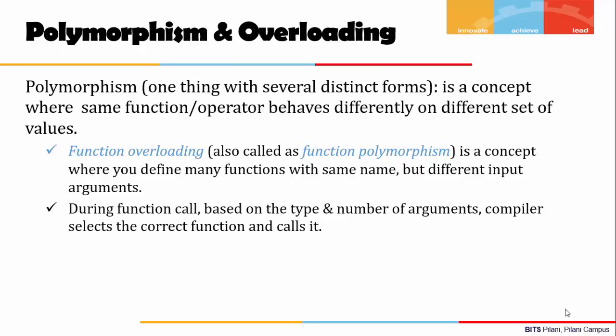Function overloading is a concept where you define many functions with the same name but different input arguments or different types of arguments. During the function call, based on the type and the number of arguments, the compiler will select the correct function and call it.